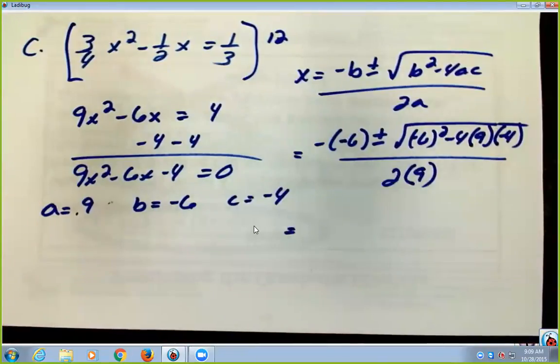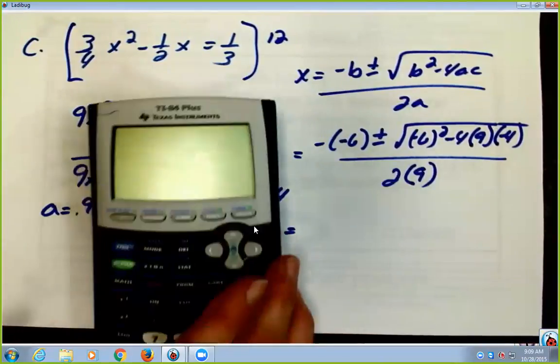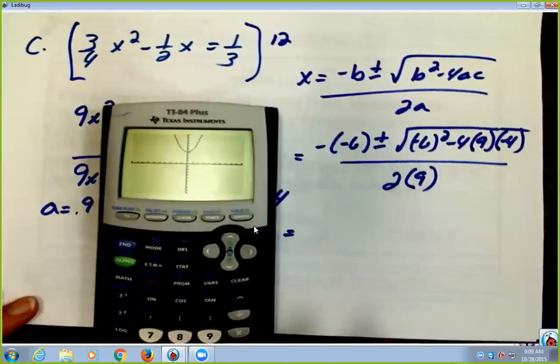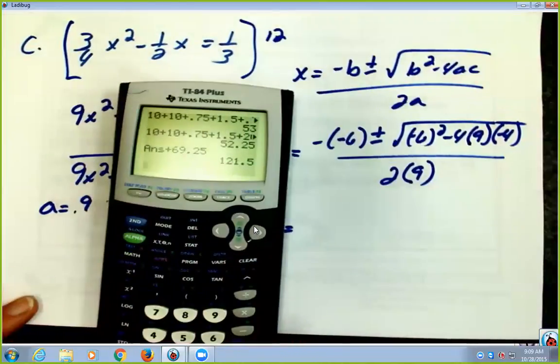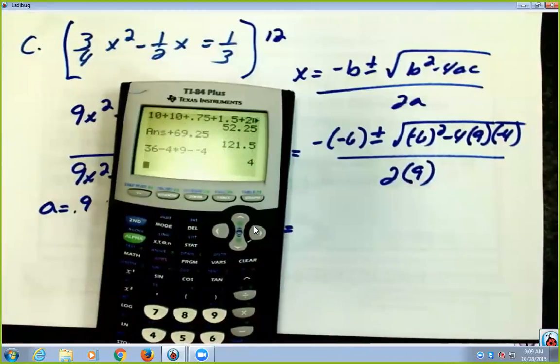This one's got pretty big numbers underneath that radical, so instead of trying to do it in my head, we'll use a calculator. So negative 6 squared is 36 minus 4 times 9 times a negative 4. And I find underneath my radical is good old 4.